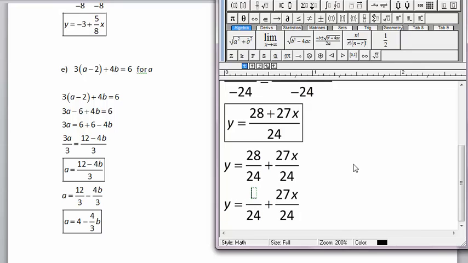It'll give us 7/6. And 27 and 24 can both be divided by 3. It'll give us 9/8. Usually if you have a fraction with an x in it, you're going to write that x off to the side. So the simplified distributed version is going to be y equals 7/6 plus 9/8 x.